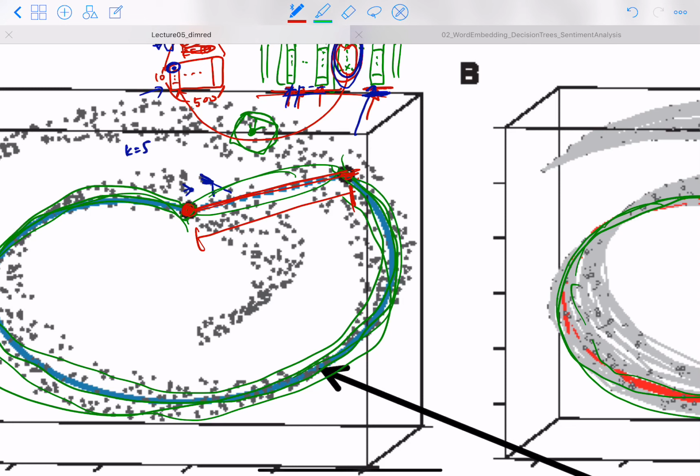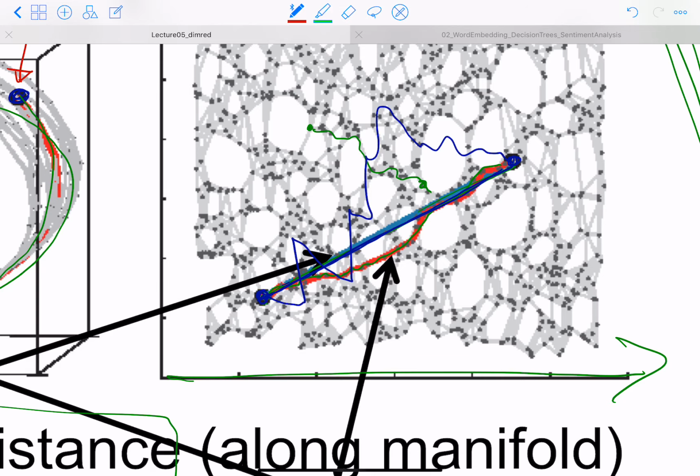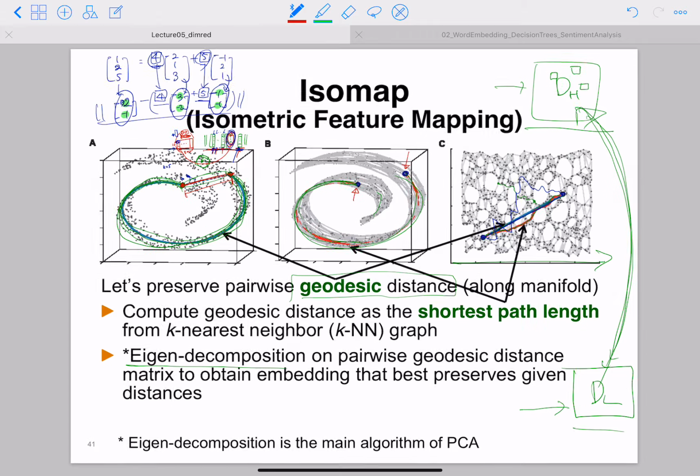So k shouldn't be too small or too large. If it's too large, it is called a short-circuiting problem. And if k is too small, it will overestimate this geodesic distance due to the too sparse graph, right?